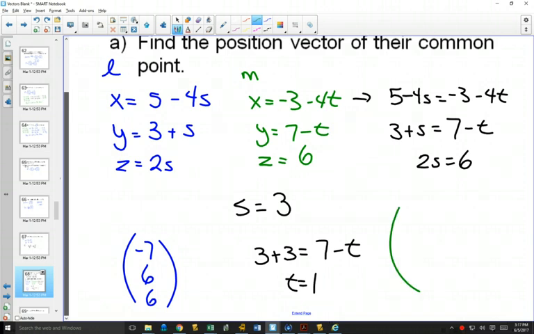Had I used my green equation, then I would have to use t is equal to 1. If I plug in 1, I'm going to get negative 7, 6, and 6. And this is what should happen. You should get the same one on either one, because you want to find the point that they have in common.